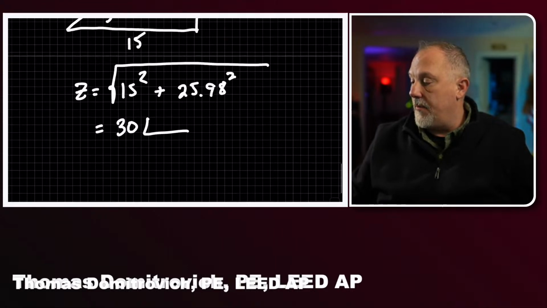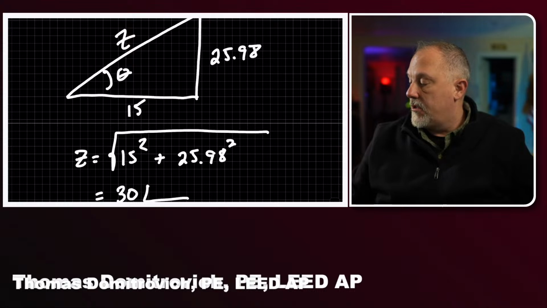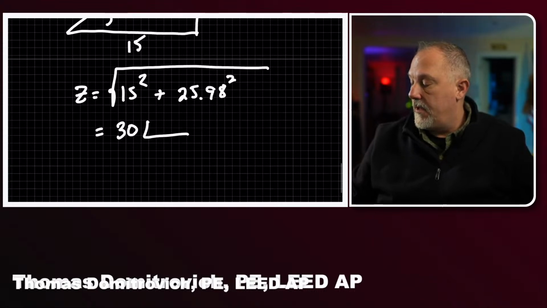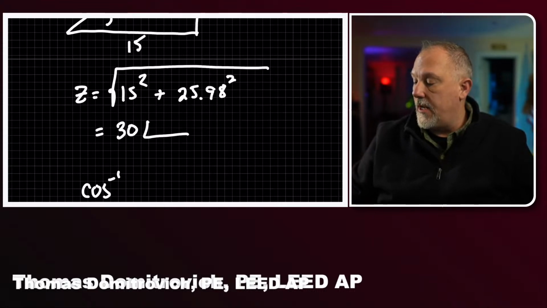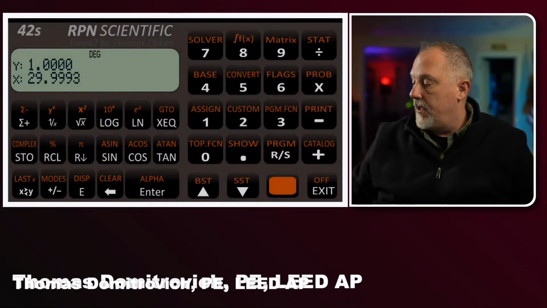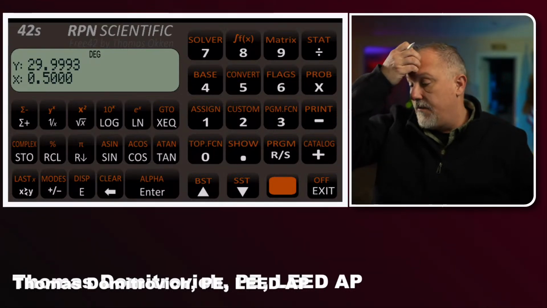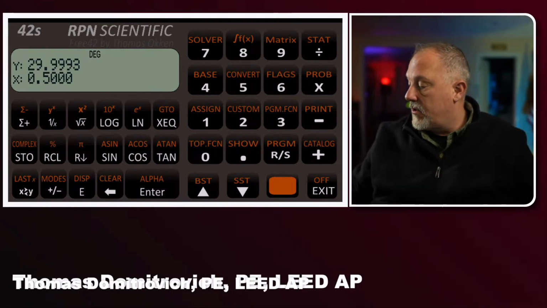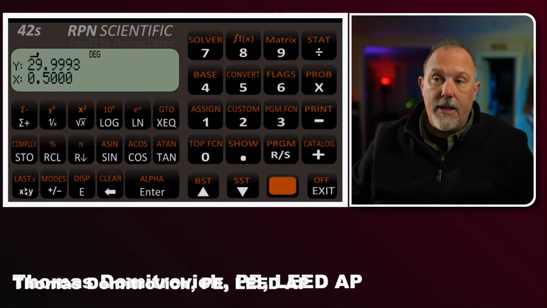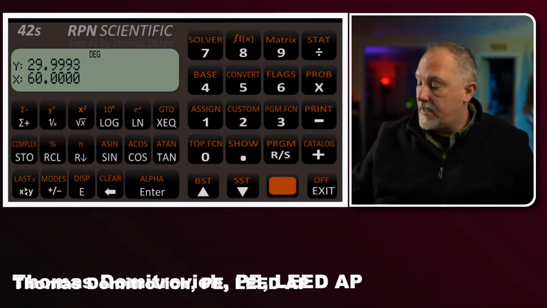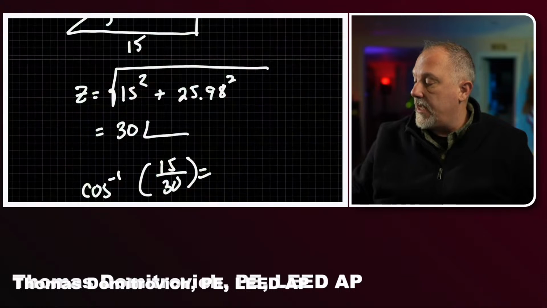So adjacent over hypotenuse, 15 over 30. Cosine inverse of 15 over 30: 15, 30, divide, inverse cosine. I go to A cosine. Boom. 60. Angle of 60 degrees.